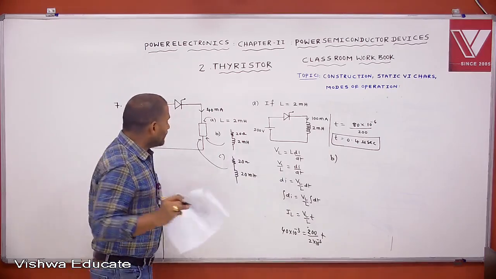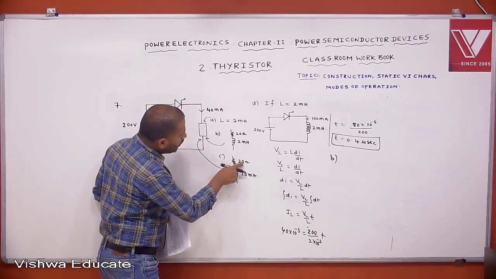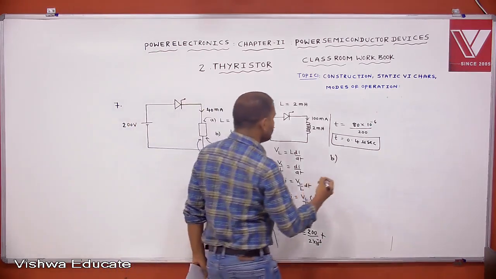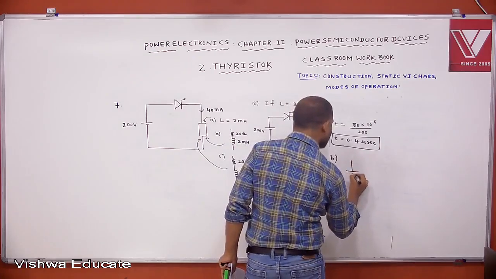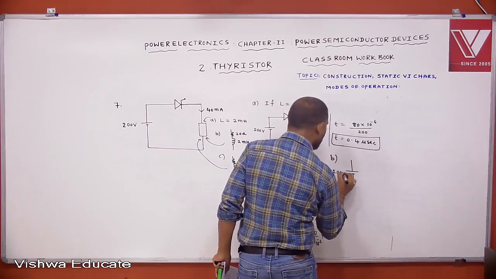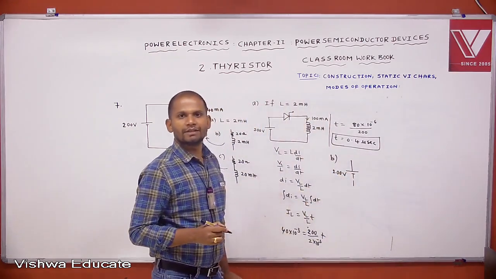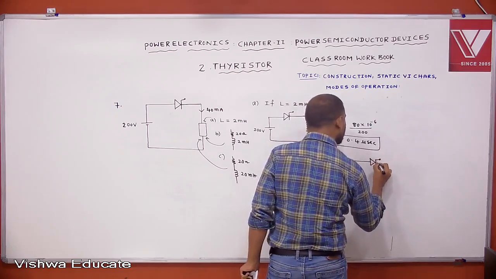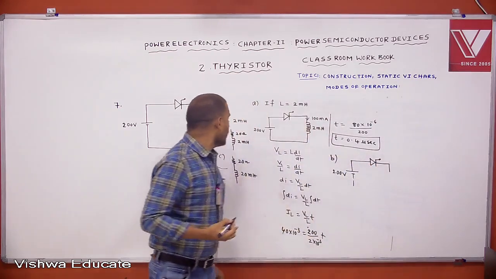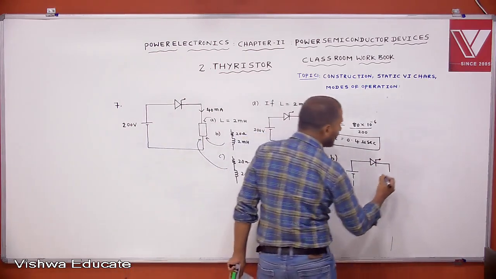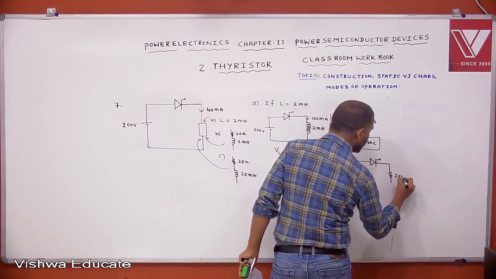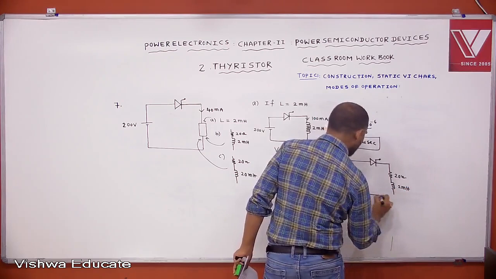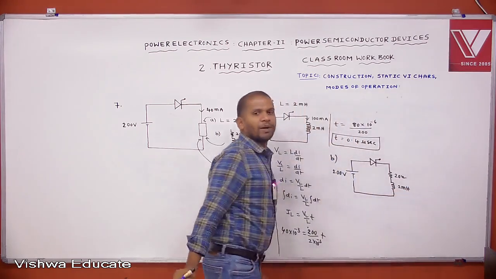If R equal to 20 ohms and L equal to 2 millihenry are connected in series, same circuit, with the supply as it is, 200 volts, and the thyristor connected with R equal to 20 ohms and L equal to 2 millihenry, then in this case, what is the minimum gate pulse width?